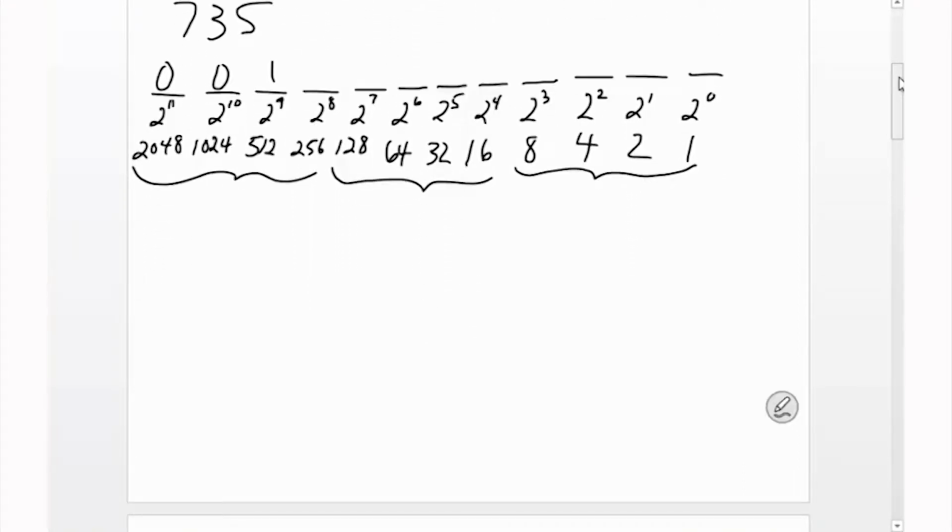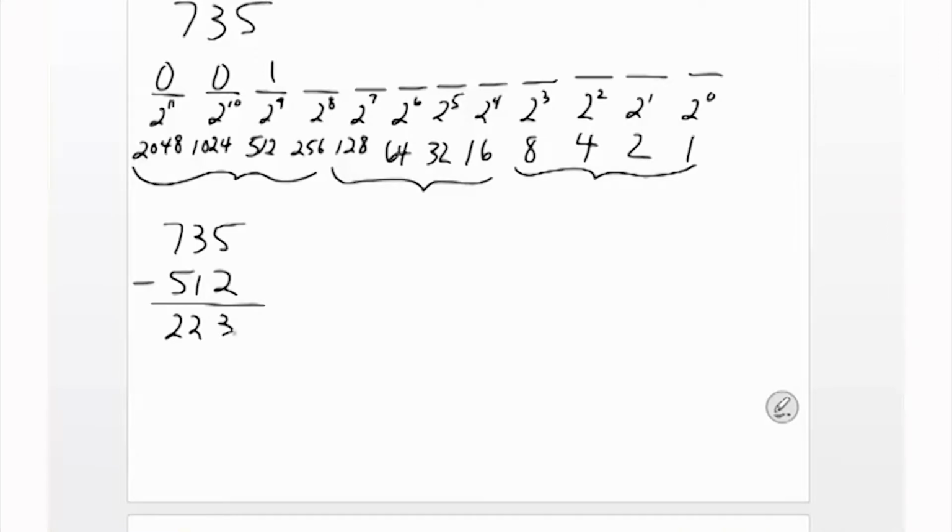We'll take that value and subtract: 735 minus 512. That gives us a value of 223. Our next value is 256, which is larger than this, so we can't use it. We're going to turn it off. But the next value is 128. We can use that.